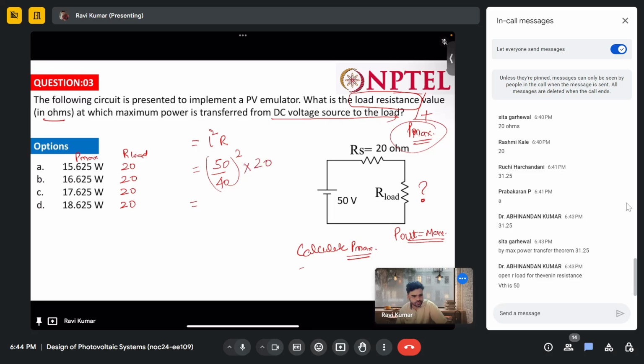So it should open R load for the Thevenin resistance. You are getting 31.5.